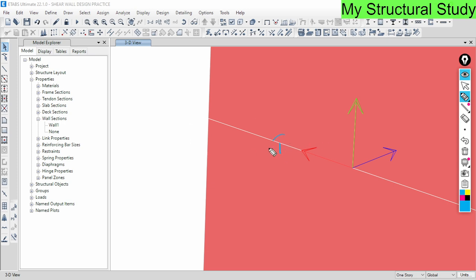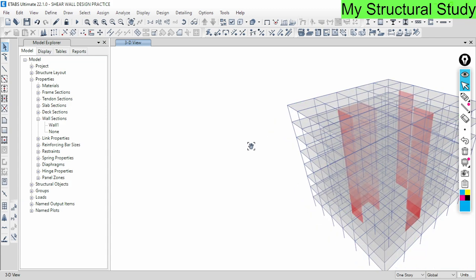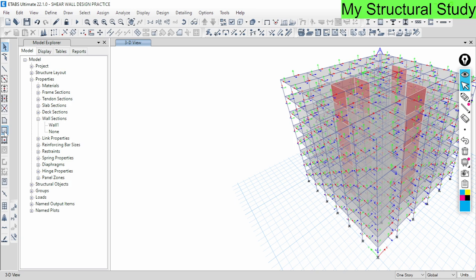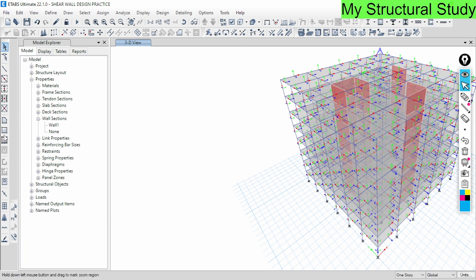Red is the 1, green is the 2 axis, and blue is the 3 axis. Suppose I am drawing a slab here.